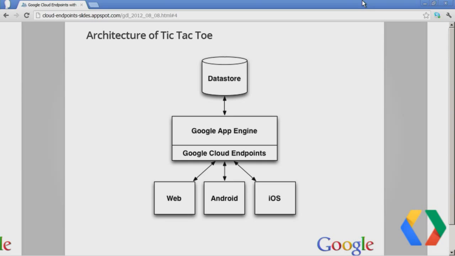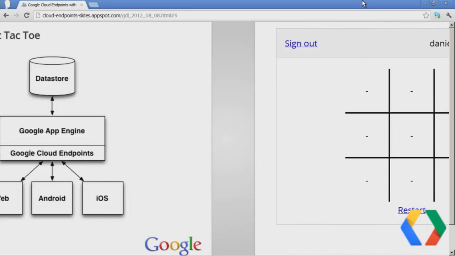We have a data store which is keeping track of the previous games that you've played. We have that data store being modified by Google App Engine. We have Google Cloud Endpoints as a layer exposing two simple APIs from Google App Engine to a web interface, an Android interface, and an iOS interface.